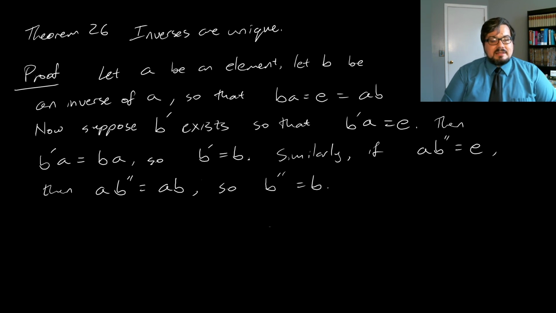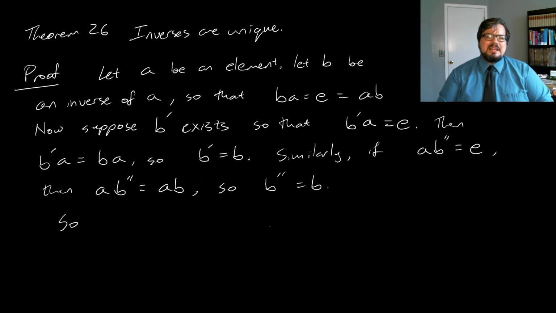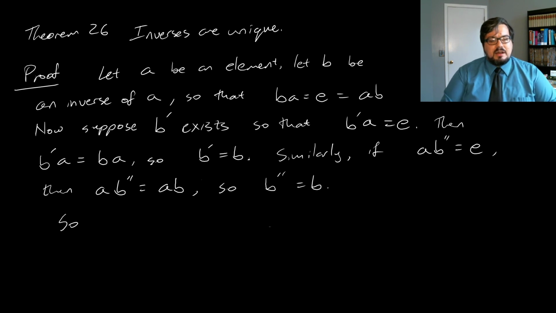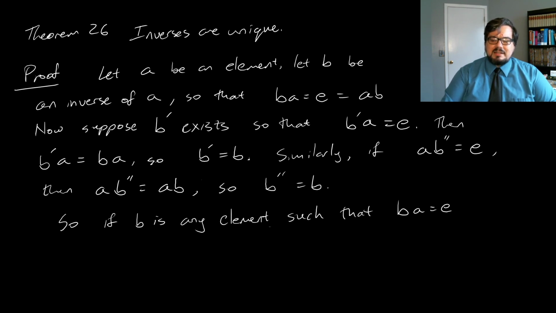So what this says is actually something slightly stronger than inverses are unique. It says that if B is any element such that B times A is the identity or A times B is the identity, then B has to equal A inverse, which is unique.